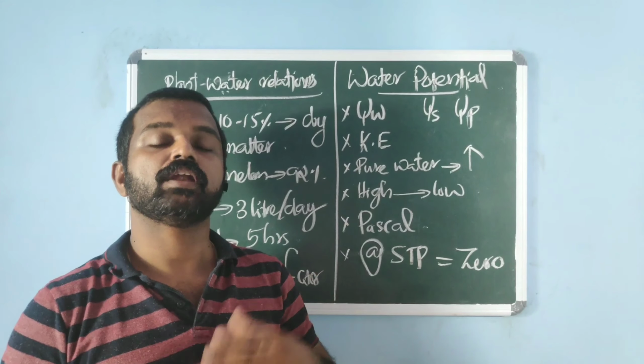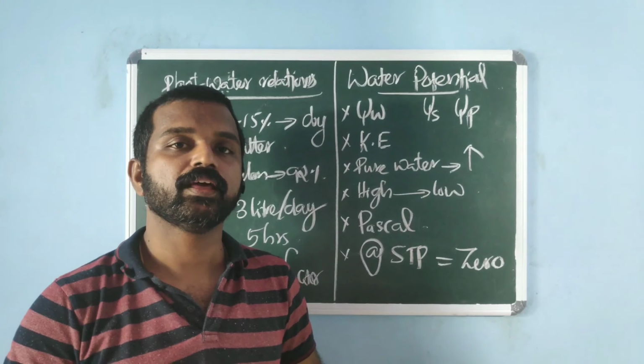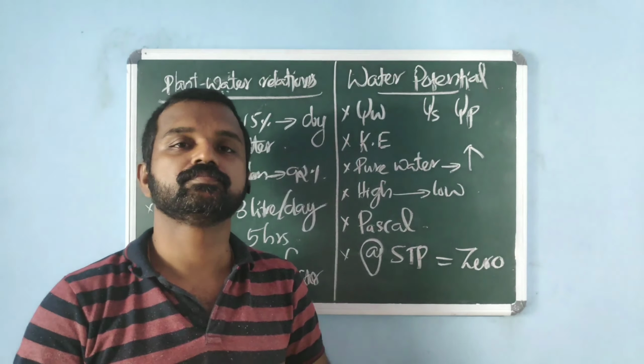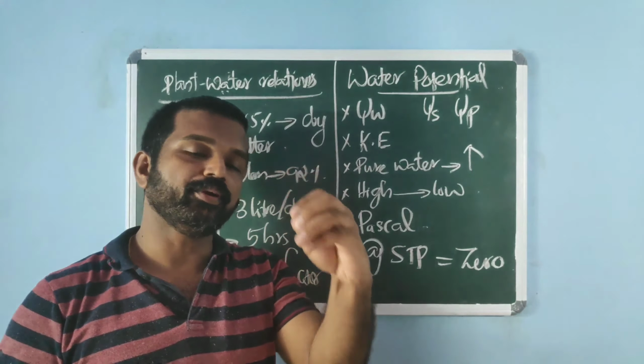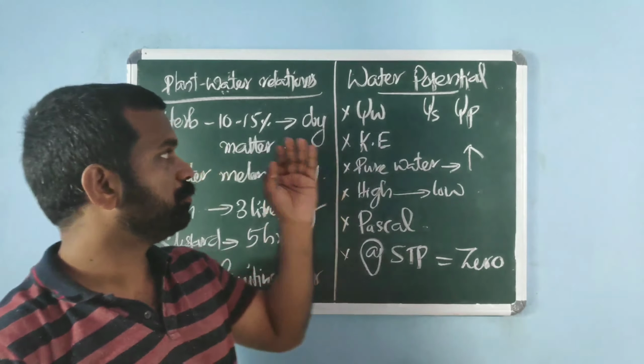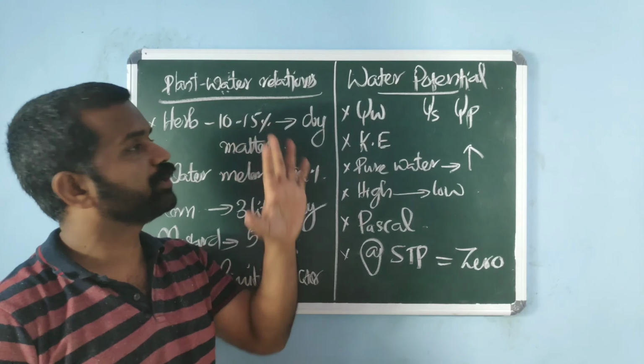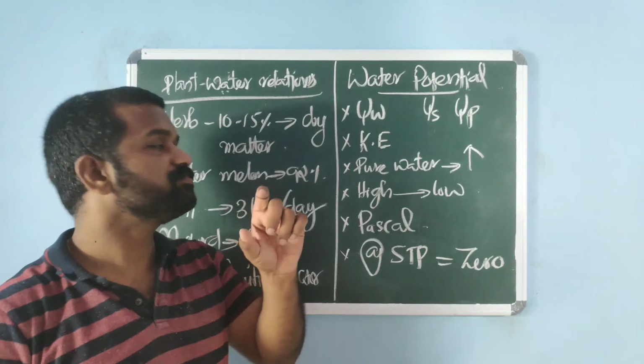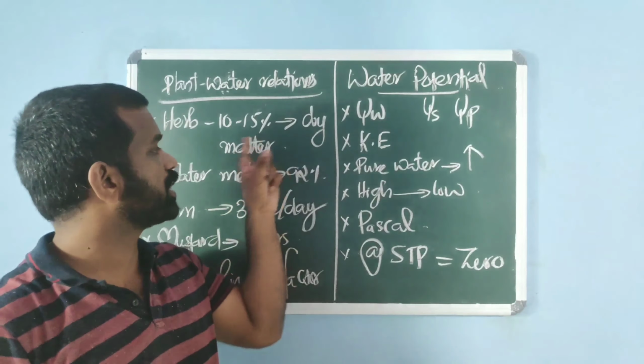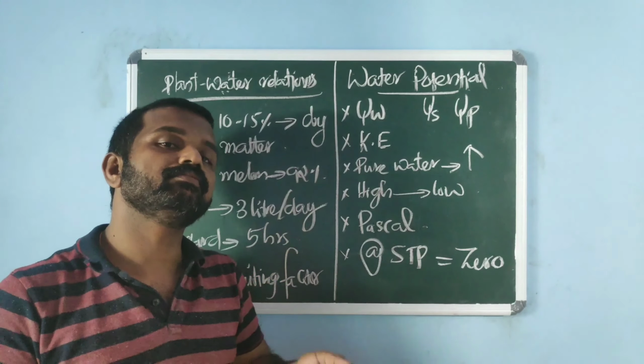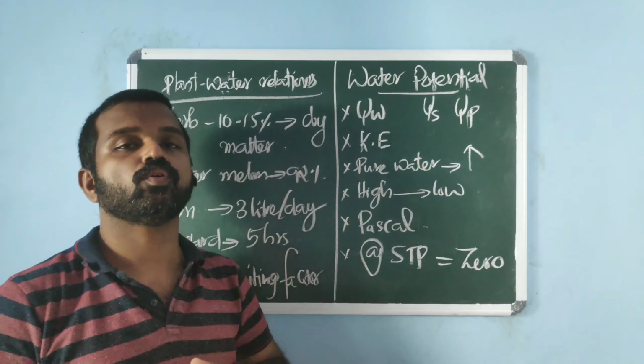Next, about plant-water relations. In plant cells, 85 to 90% of the volume is water. In herbaceous plants, only 10 to 15% of the fresh weight forms dry matter. That means 85 to 90% is water.